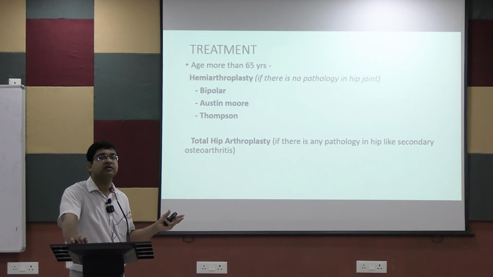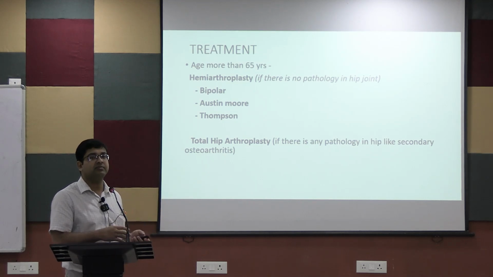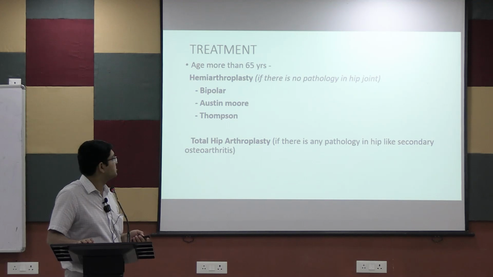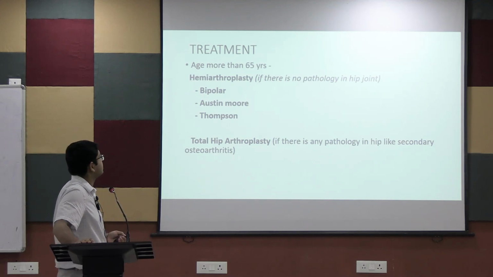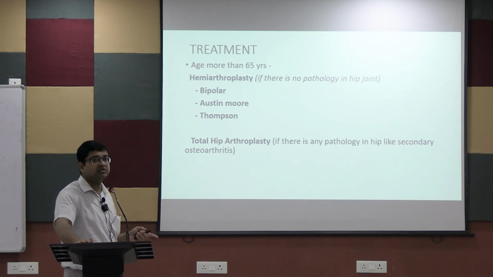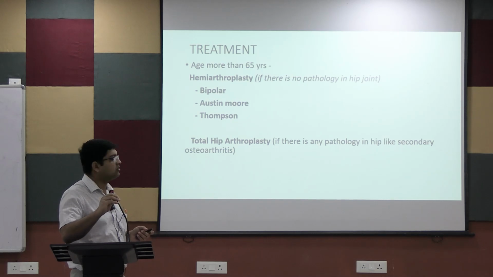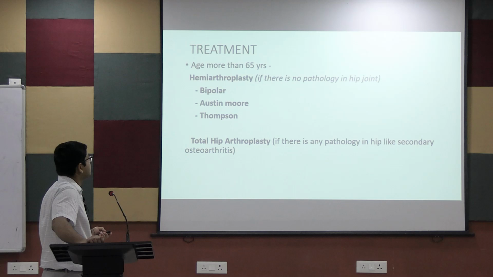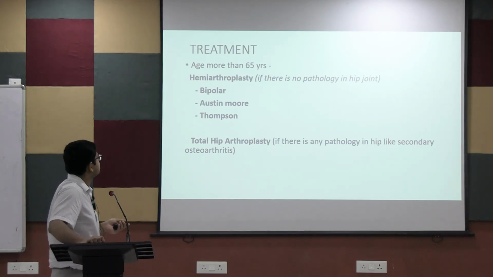Here the head is fixed, head cannot move inside a cup. So Austin Moore prosthesis. Another is Thompson prosthesis. তাহলে হেমিআর্থ্রোপ্লাস্টি তিনটে মনে রাখতে হবে, বাইপোলার হেমিআর্থ্রোপ্লাস্টি, Austin Moore hemiarthroplasty and Thompson prosthesis.